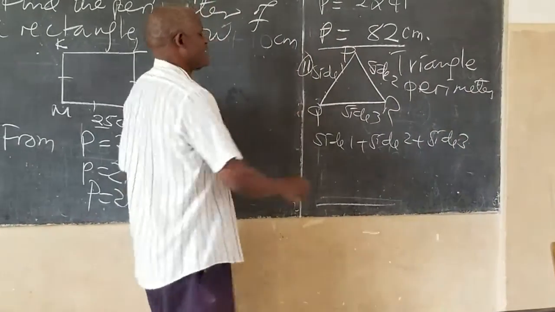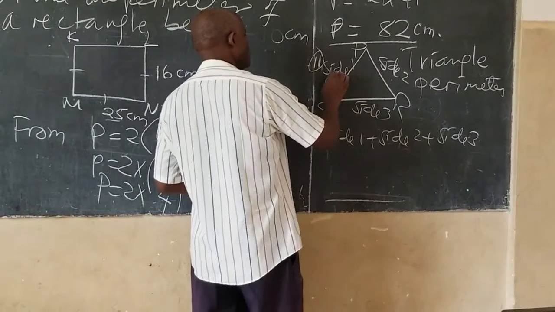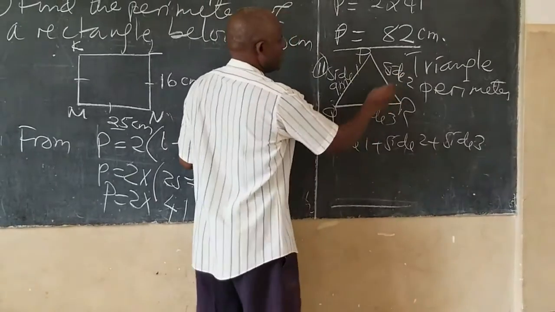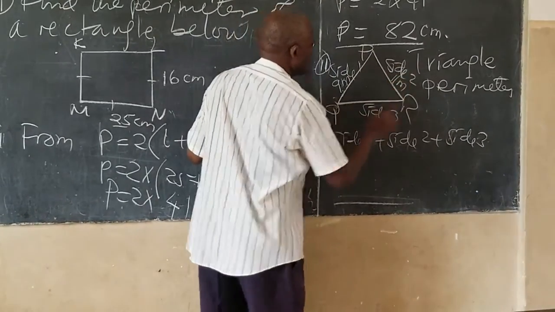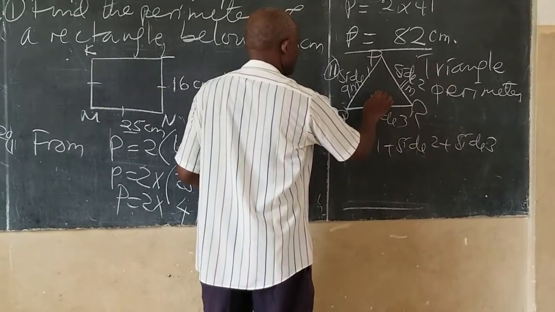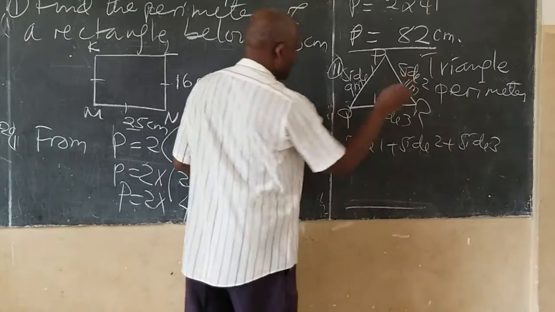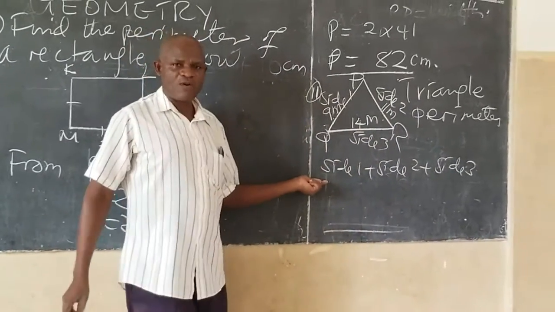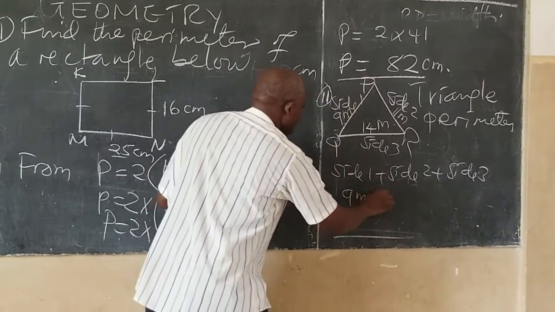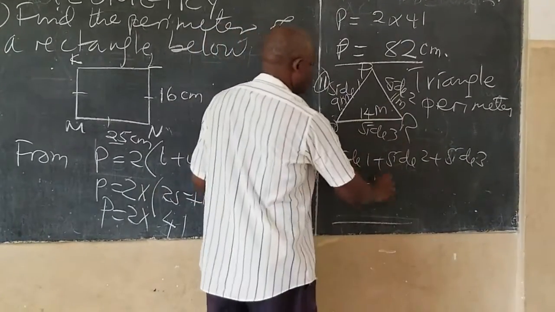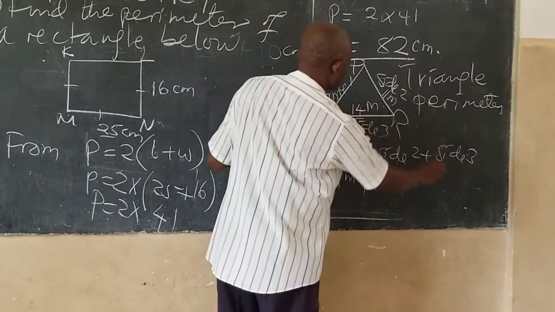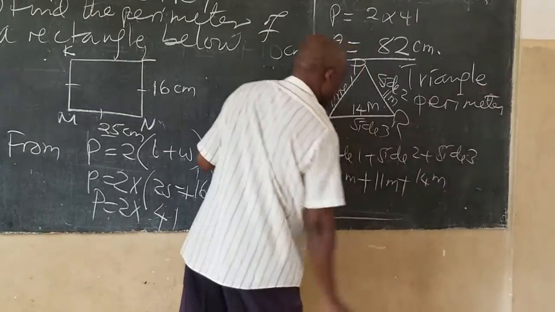Now side 1, let's say it is given 9 meters. And side 2, it is 11 meters. Side 3 is, let's say, 14 meters. Then you come to our solution here. Side 1 is 9 meters plus side 2 is 11 meters and side 3 is 14 meters.